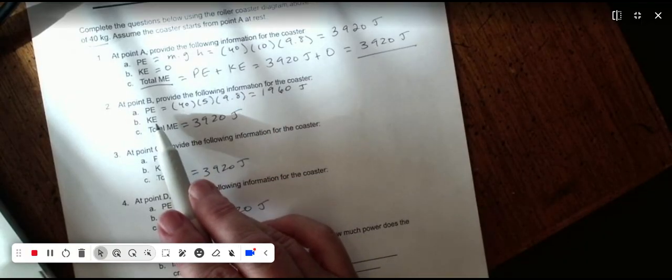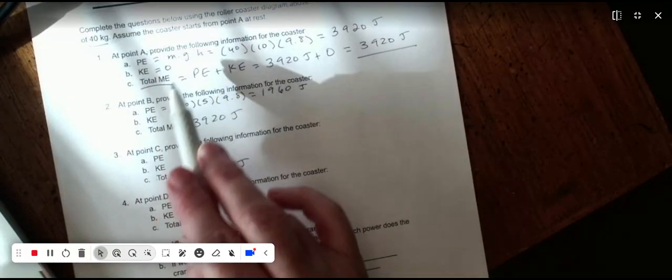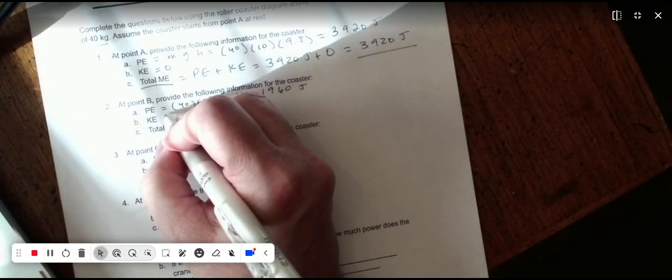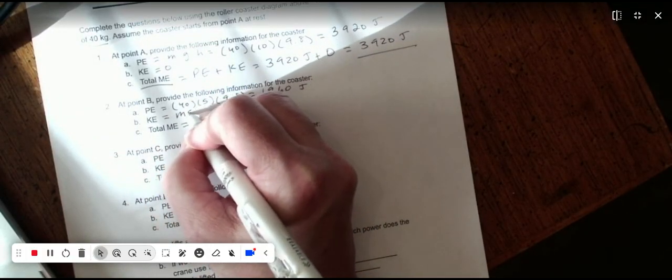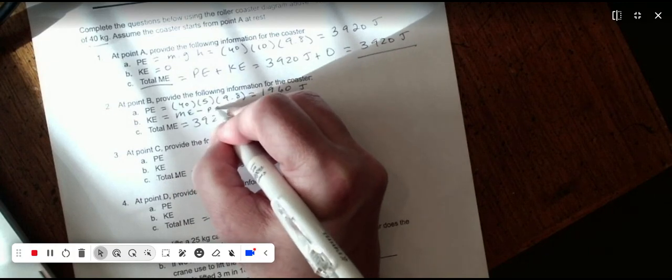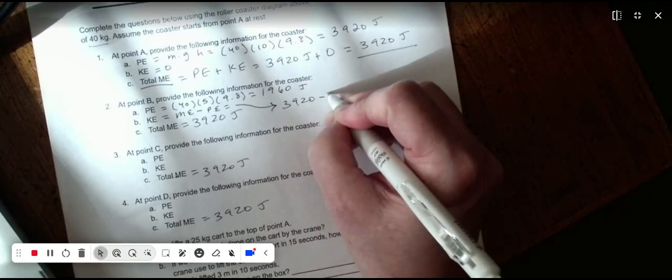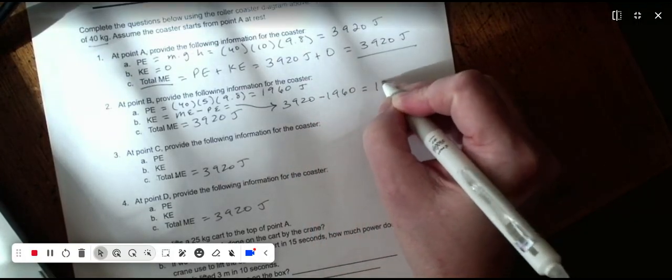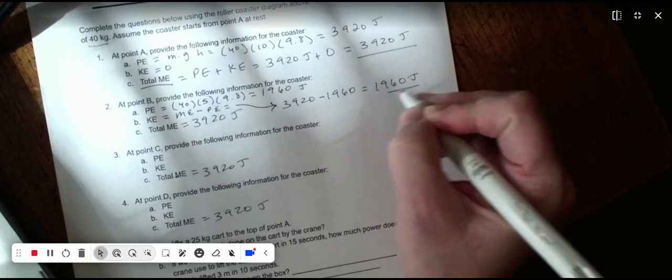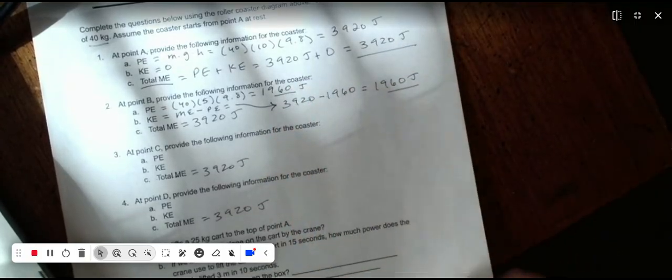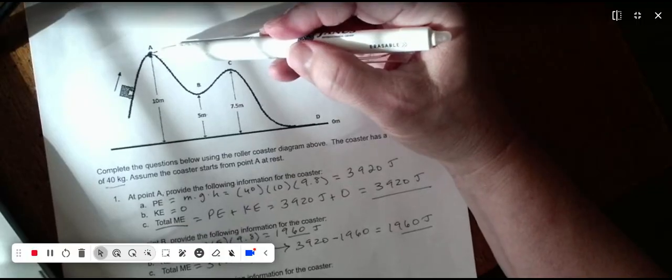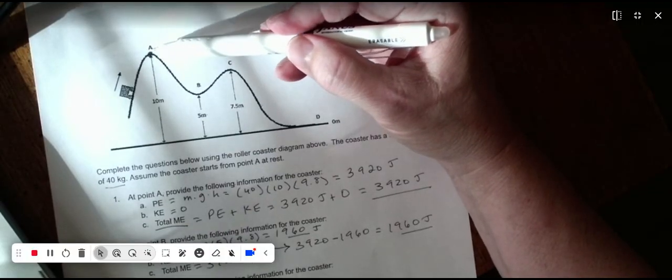And then I don't have velocity, but I can get kinetic energy because of this relationship right here, potential plus kinetic. So kinetic is going to be mechanical minus potential, which is 3920 minus 1960. That's going to give me 1960 joules. I'm at the halfway point. So here, half of my original potential energy, which is also the total energy of my system, has converted to kinetic.